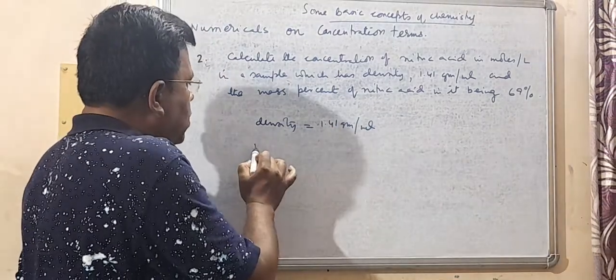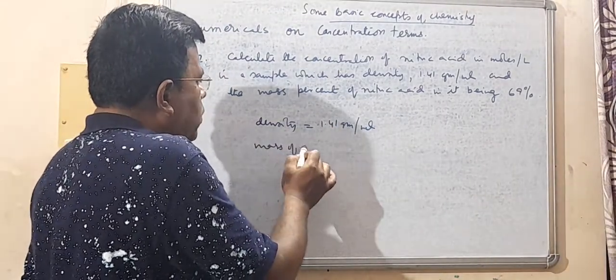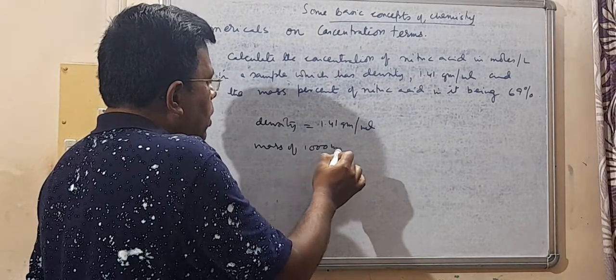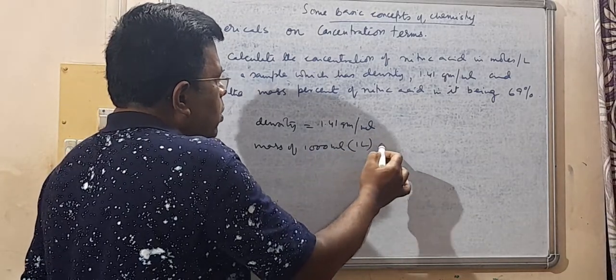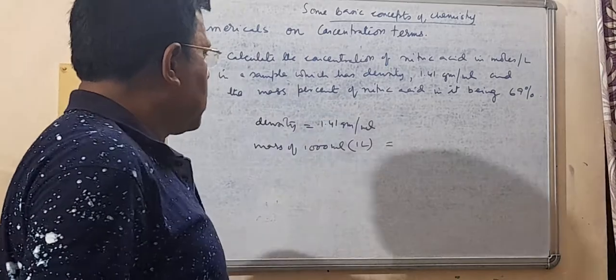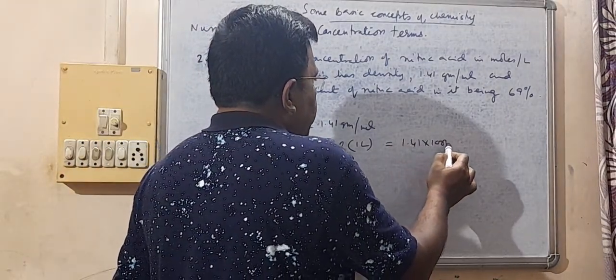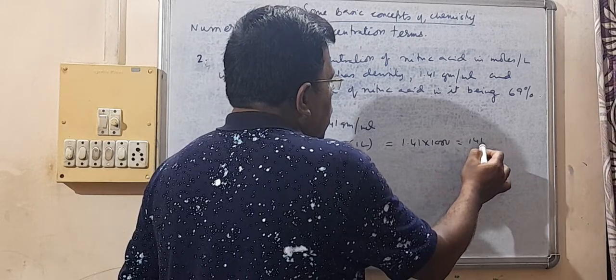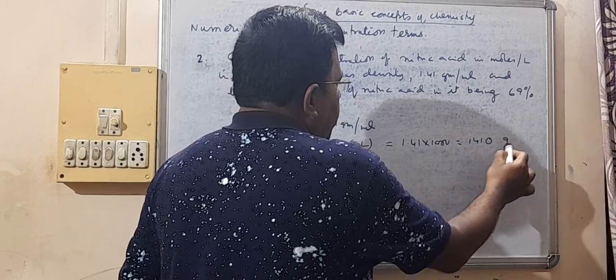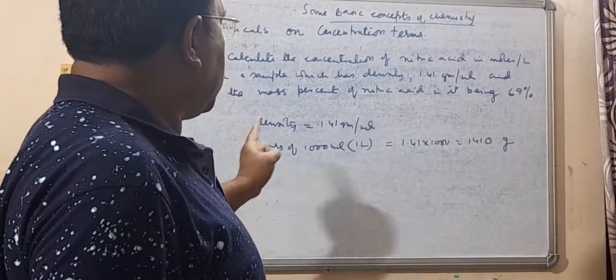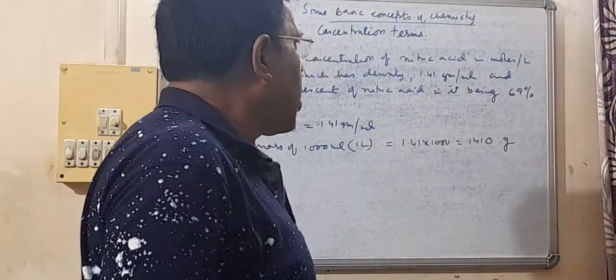So you can say mass of 1000 ml, 1000 ml means 1 liter. So what will be the mass? It will be 1.41 into 1000, that is 1410 gram. So 1 liter solution has this much mass in gram.